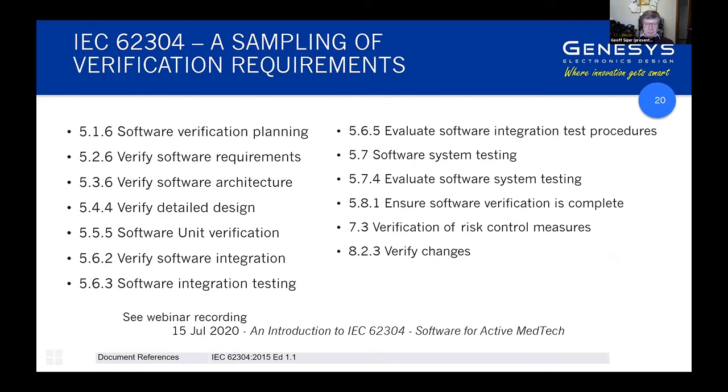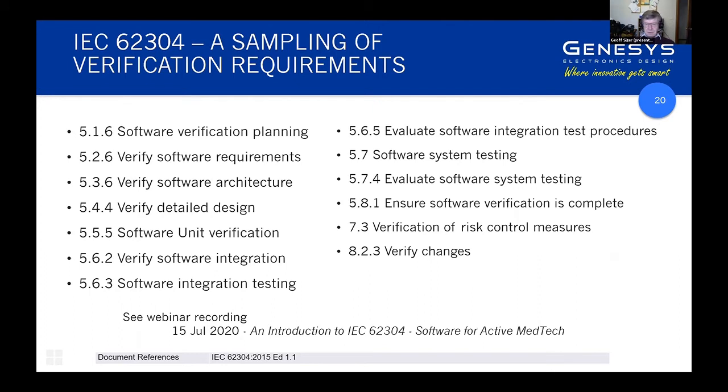If you're talking about a device with an embedded microcontroller, software integration is in fact an integral part of the development process, because the software runs on the platform, so you're integrating it as you go along. And so it becomes a little bit of a redundant activity. 6304 does allow you to verify software integration as a part of the software system verification.